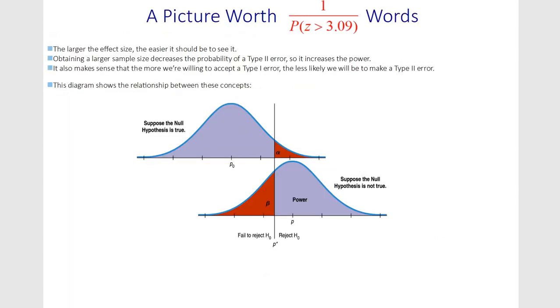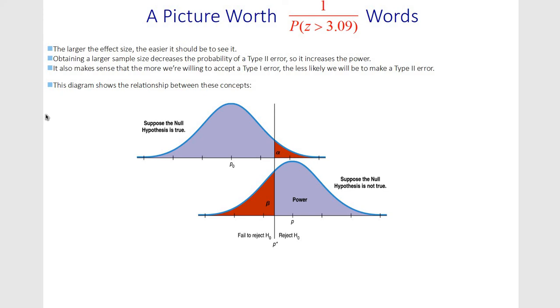So here's a nice little example. Sorry, my font size got a little small there. The larger the effect size, the easier it should be to see. So here your alpha level and your beta level are adjusted. If you decrease the alpha level, the beta level is going to get larger. If you increase or decrease the beta, the alpha is getting larger.